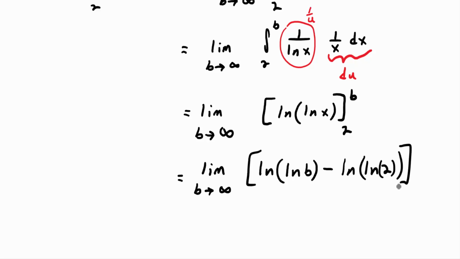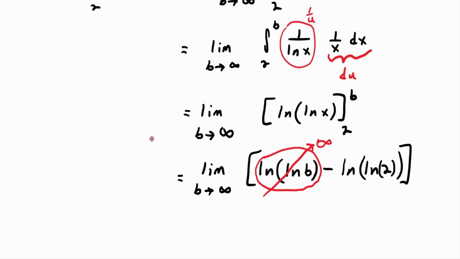Okay, so b is going to infinity, right? Just evaluate it from the inside out. What does the natural log of b, this inner function, do as b goes to infinity? It goes to infinity. Slowly, but it goes, right? So what is the natural log of some function that goes to infinity going to do? It's going to go to infinity. So the big picture is this guy is going to go to infinity. And then this guy has no effect on anything.